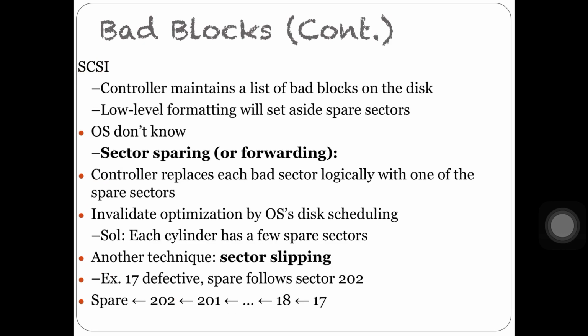So here, whenever the system requests logical block number 87, the request is translated into the replacement sector's address by the controller. Whichever sector we have made a spare, we are going to redirect to that spare sector whenever we request logical block number 87.